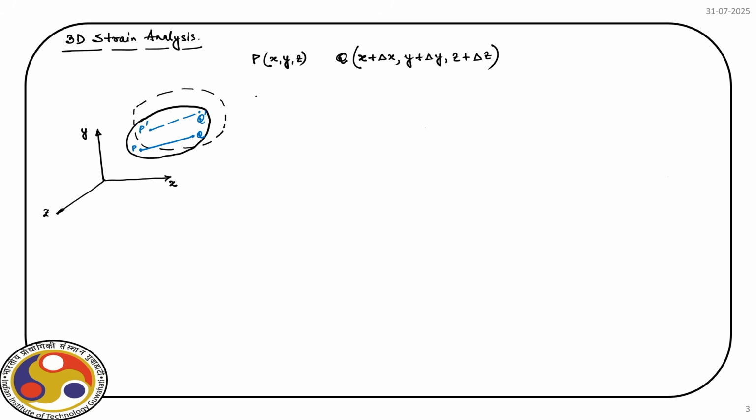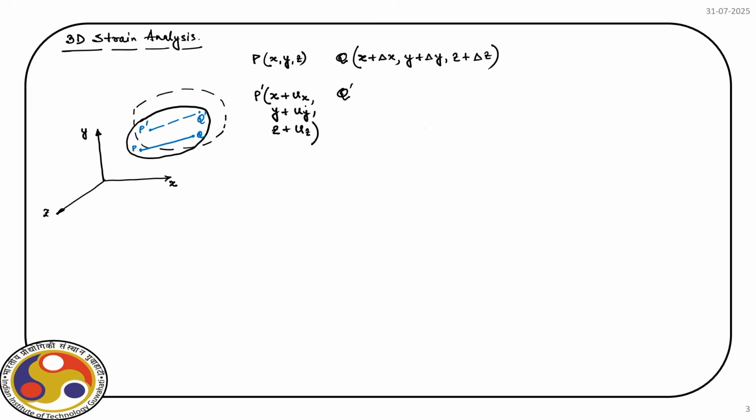Then point P goes to P prime and then the new coordinate for this point is x plus ux, y plus uy and z plus uz, right.